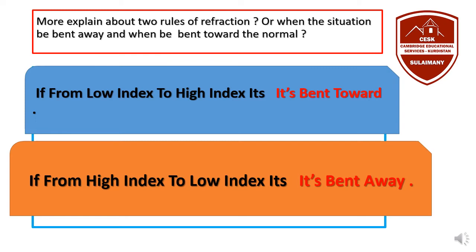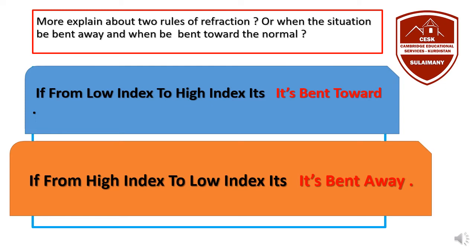Again, if we come from a low index, then enter to high index, the situation is bent toward, or n1 less than n2, that is mean theta 2 less than theta 1.